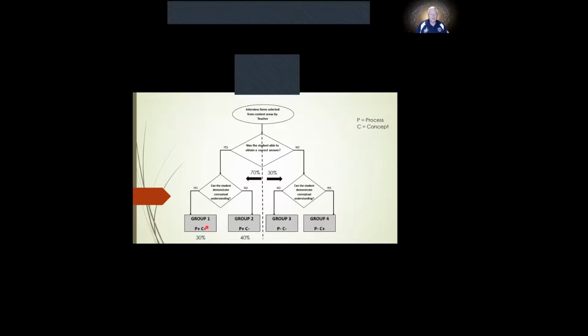And yet what we see is the majority of cases here, 40% compared to 30%, can get a correct answer, but they're not understanding what the answer means or how it was generated at any conceptual level. This is reflective of teaching procedural knowledge and leaving out the conceptual component. And I hope we've built a strong enough case for you by now in this class where you recognize the danger of this approach in teaching.